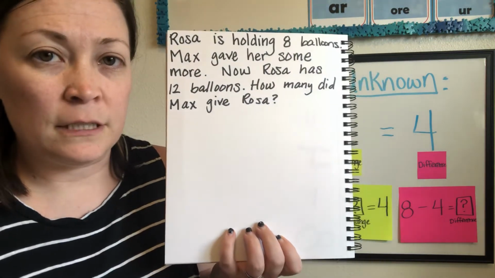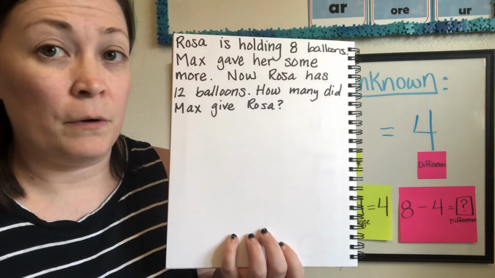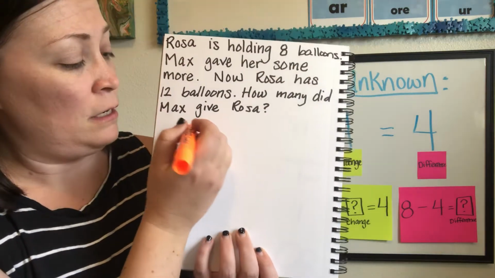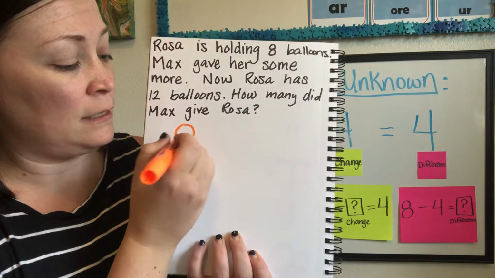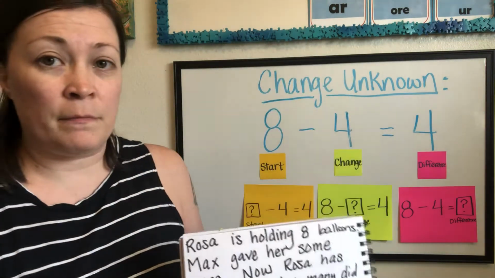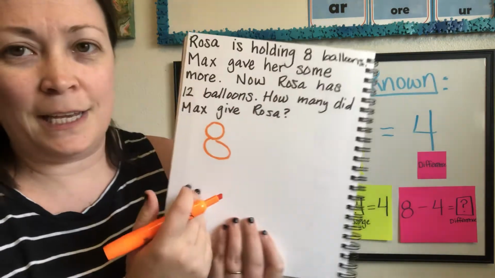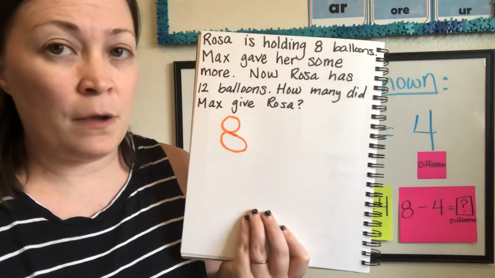If you need a little time, just pause the video real quick and finish your 8 balloons. So I'm going to start my equation. There's that start number. Hey, look, it matches our number on the board. We're starting with the same number. So we're starting with 8.